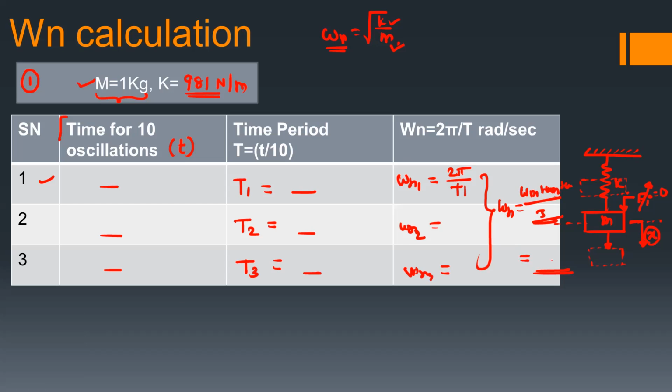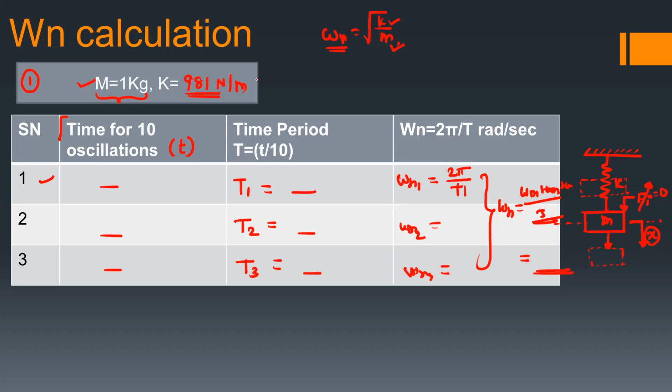So take the spring mass system, give an initial displacement, then remove the force after the initial displacement, and let the system oscillate for a specific time duration. For 10 oscillations, measure the time, find the time period, and then find omega n by the formula 2 pi upon t.